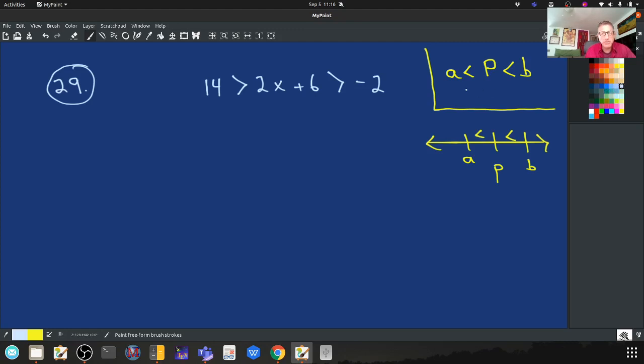I want those signs flipped. So I'm going to multiply by minus 1. I want the numbers to stay the way they are. I can multiply them by minus 2, minus 3, minus 1,000. But minus 1 keeps the values small, and it does what I want. It flips the inequality sign.